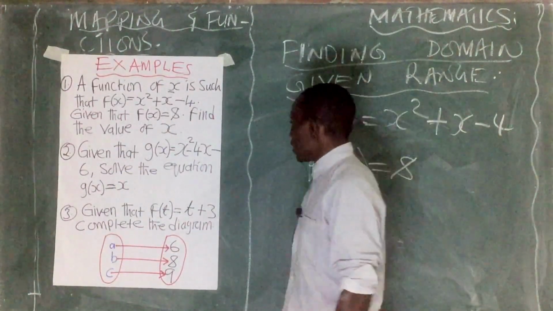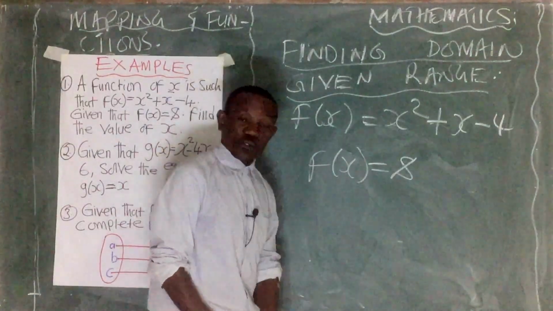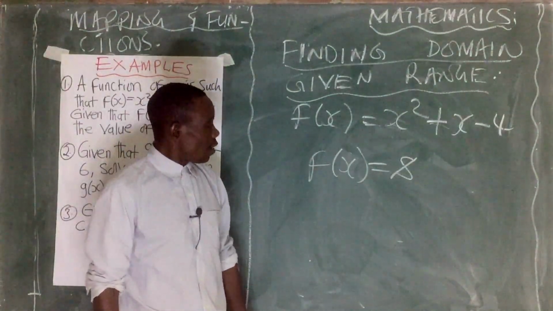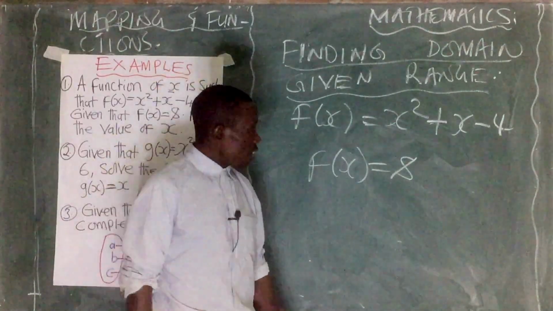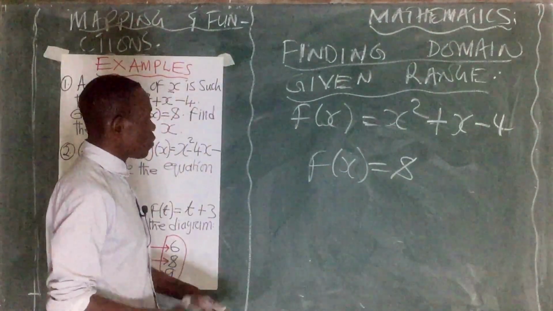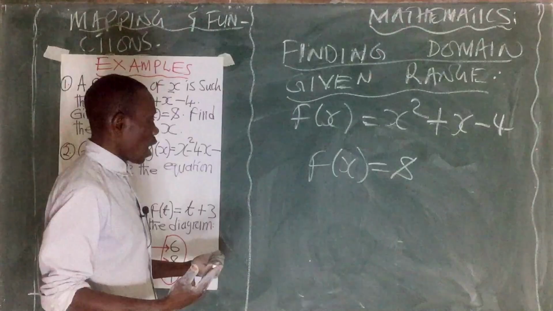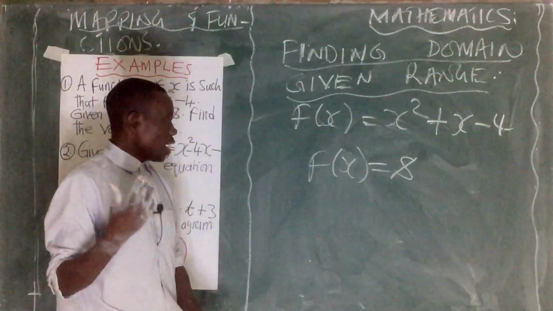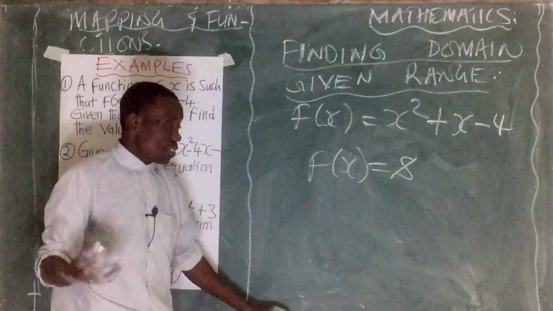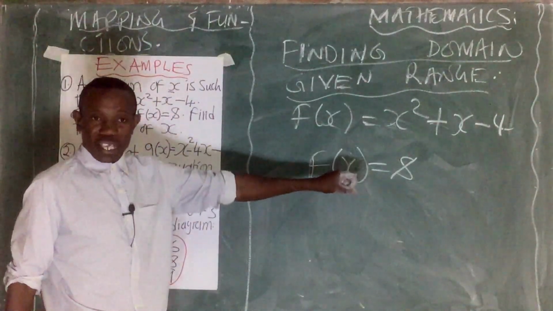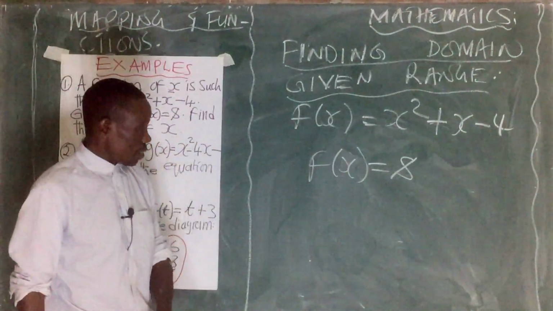So it's like asking, 8 corresponds to what value? First let me explain what this is all about, so that when we start solving we should not be lost. As earlier explained, it is the representation of the elements in a particular set versus the elements in the other set.